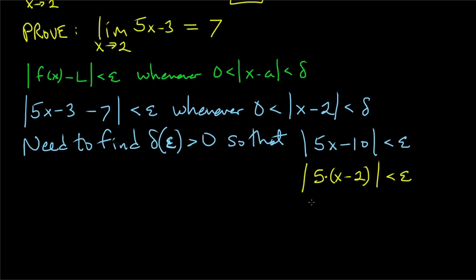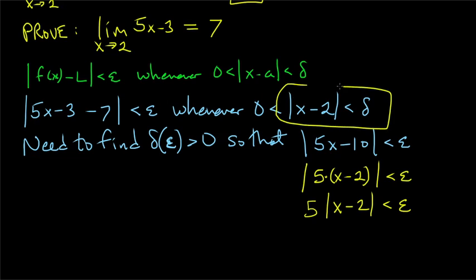So you can take the absolute value of 5, which is 5, times the absolute value of x minus 2. And that has to be less than epsilon. So if you notice, this is very similar to this. Absolute value of x minus 2 is less than delta. The only thing is I don't have a 5 on the left.